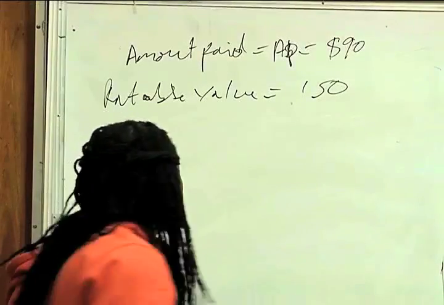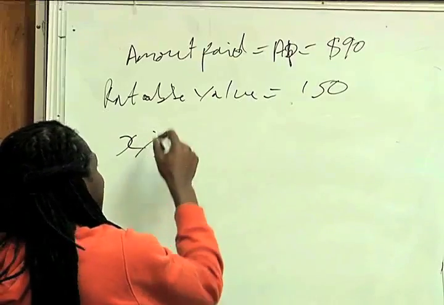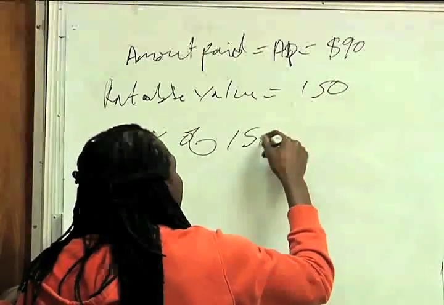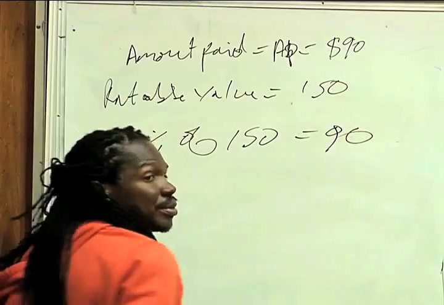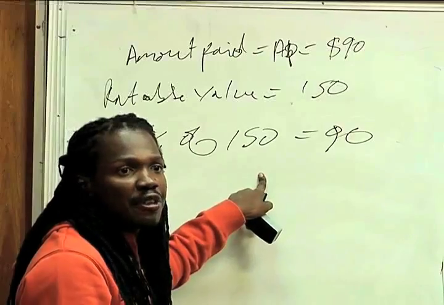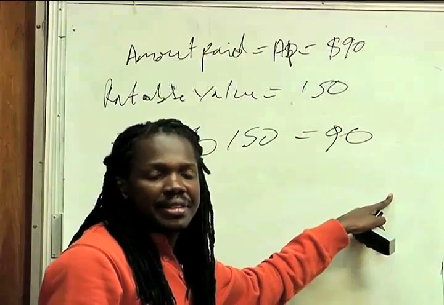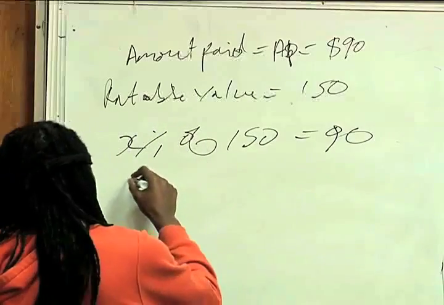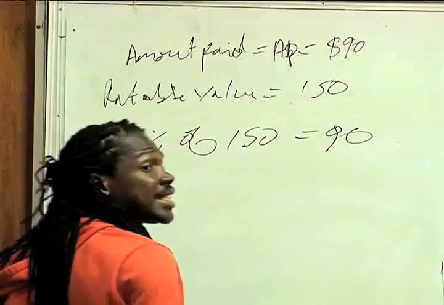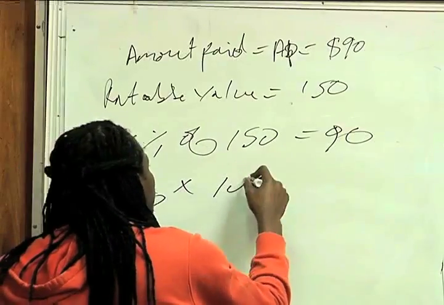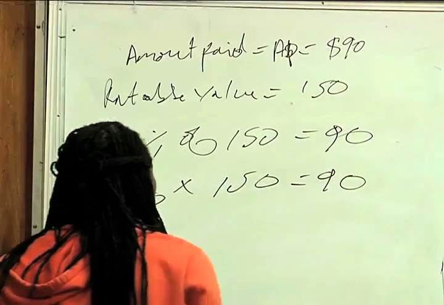So we're saying that X percent of 150 equals 90, because he pays a particular percent on 150 and that gives 90. So X over 100, which is X percent, times 150 equals 90.